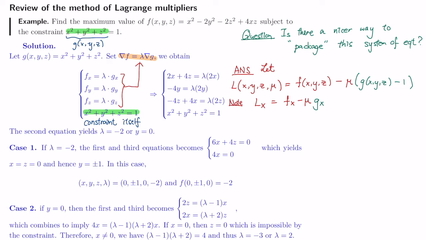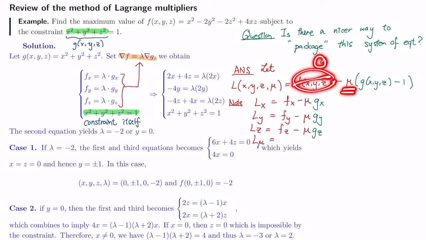And then you do the same thing with respect to y, and by symmetry you get f_y minus mu g_y. And L_z is f_z minus mu g_z. What is perhaps most interesting is, what if you differentiate L with respect to mu? Firstly, this has no mu, so when you differentiate with respect to mu, this dies. And then the second one, only here you have a mu, so it becomes just minus (g minus 1).